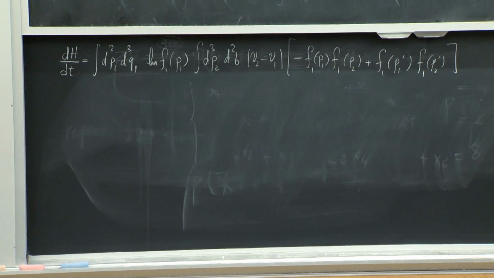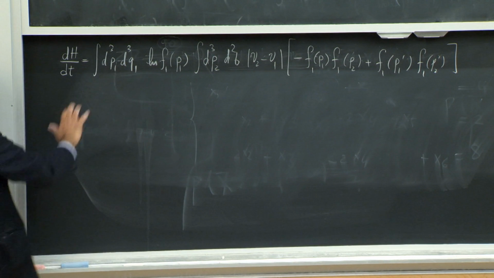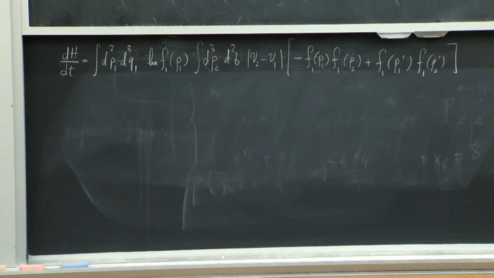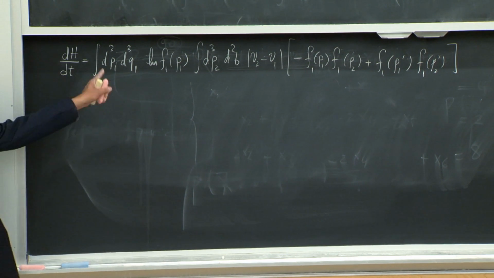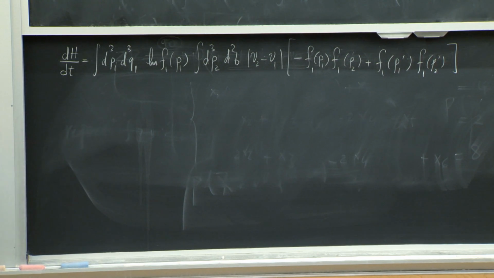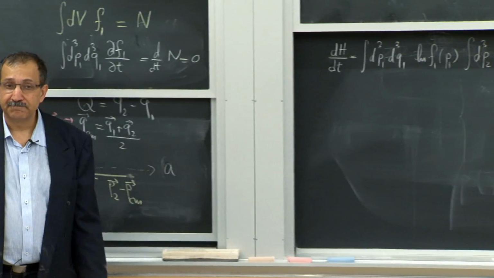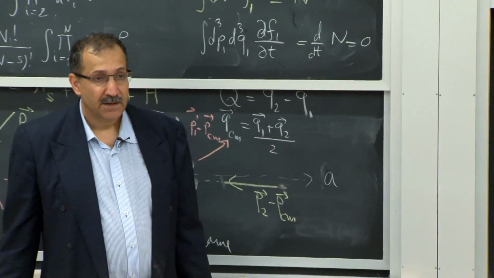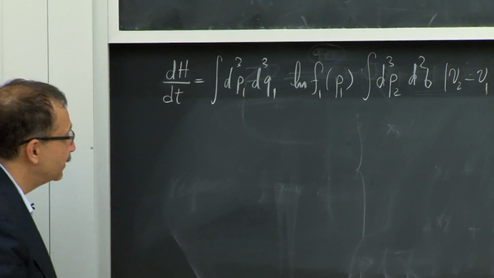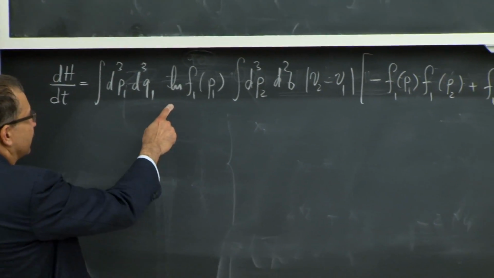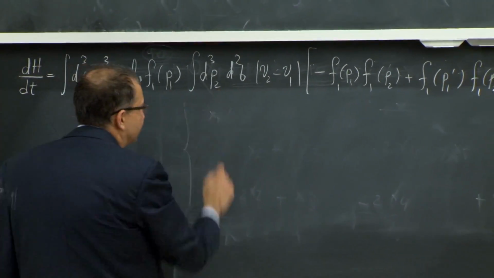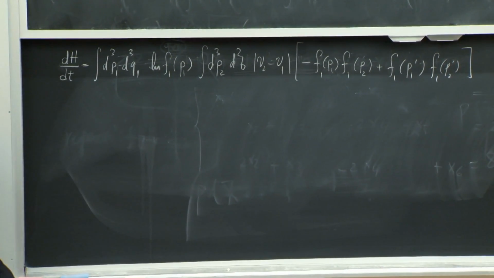So again, eventually this whole thing is only a function of time. There are a whole bunch of arguments appearing here, but all of those arguments are being integrated over. Now, in particular, I have arguments that are indexed by p1 and p2, and these are dummy variables of integration.